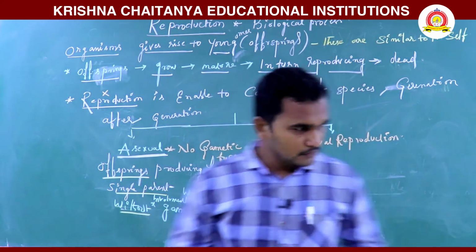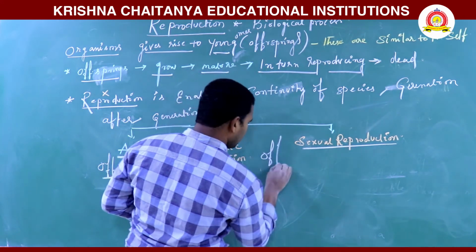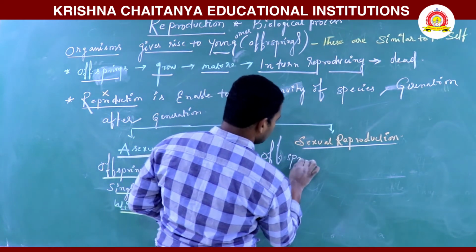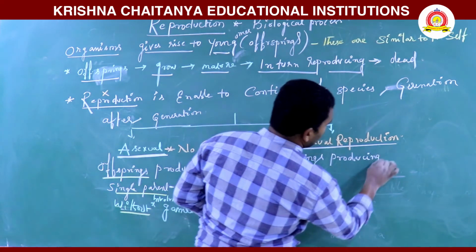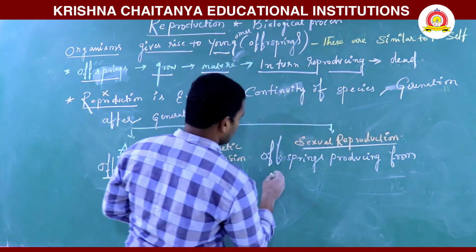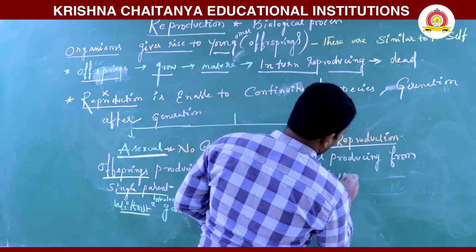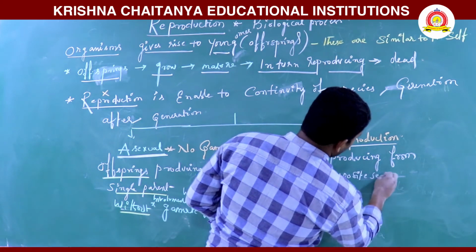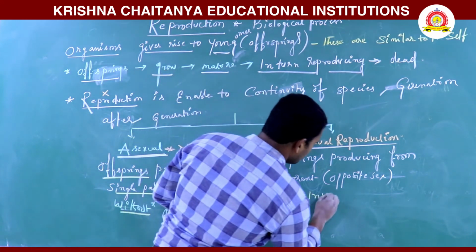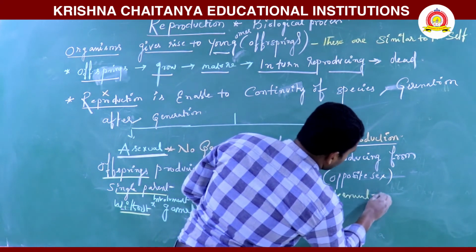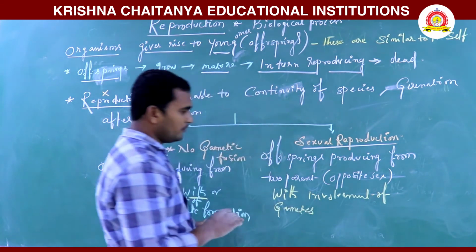Sexual reproduction is nothing but offsprings produced from two parents of opposite sex, with involvement of gametes.